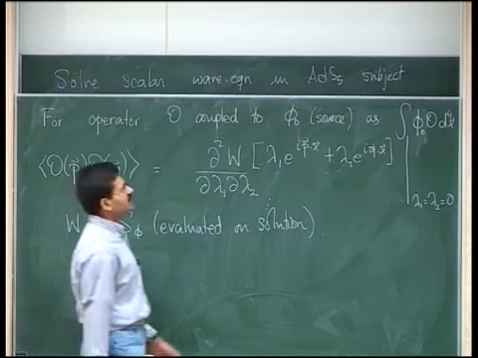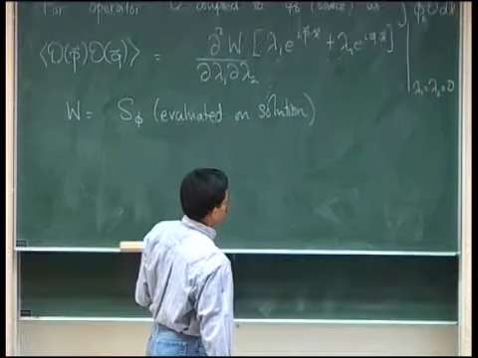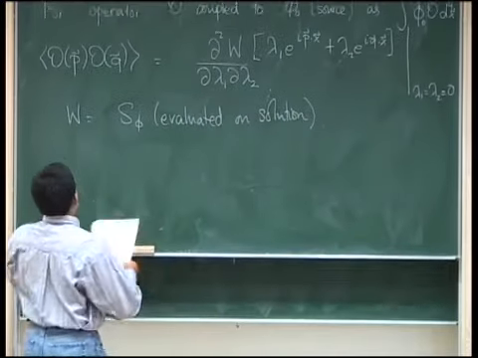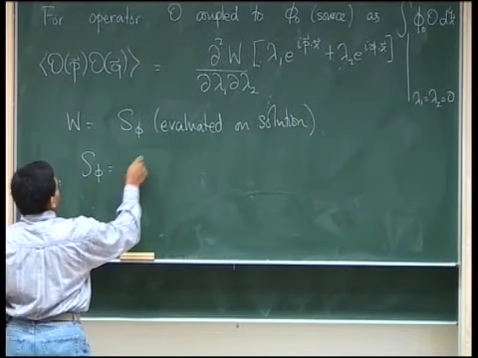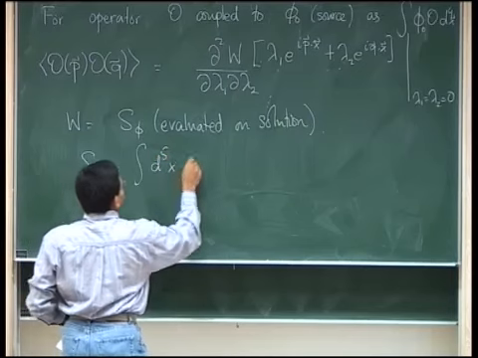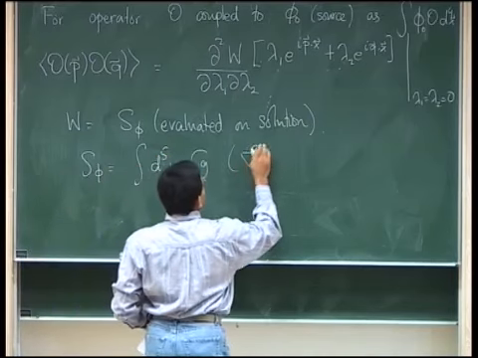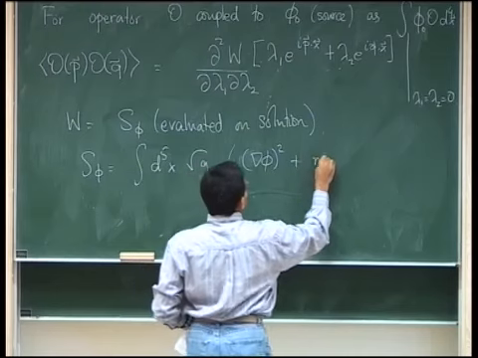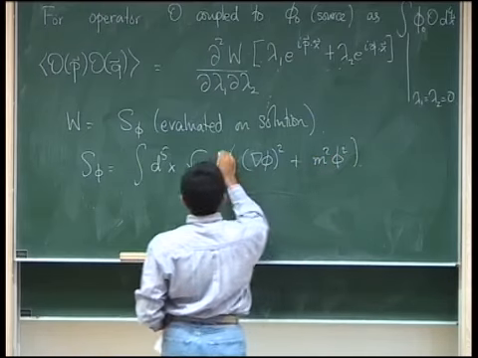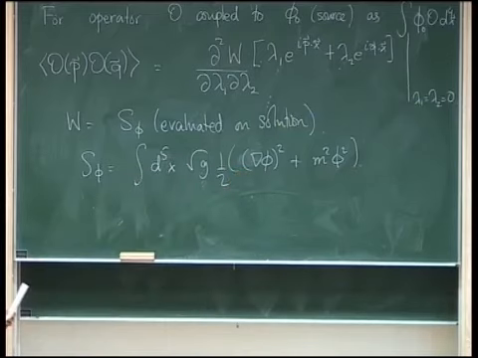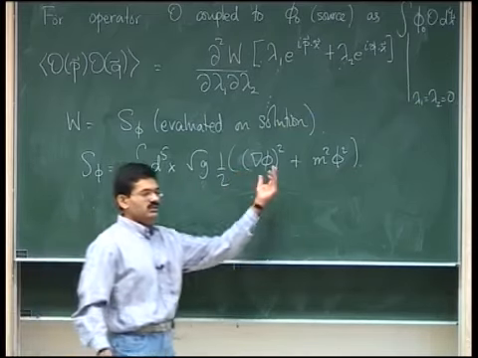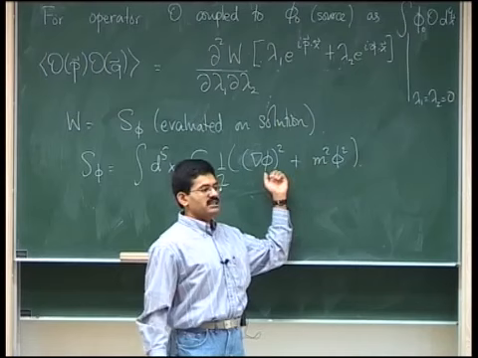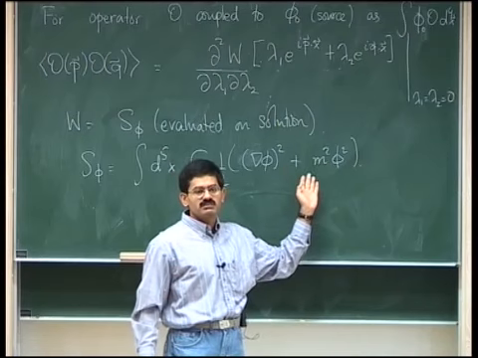Now clearly there's nothing very fancy in terms of evaluation. I got rid of the action. But it's clear that if I take this action for anything that satisfies the field equations, if I integrate by parts, the only thing I need to evaluate is a boundary term.